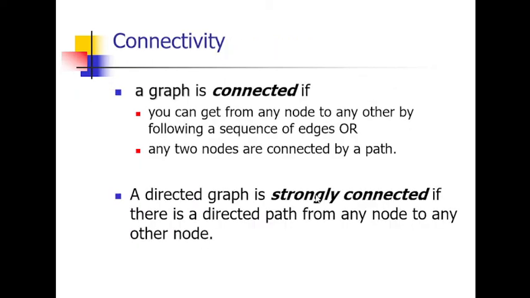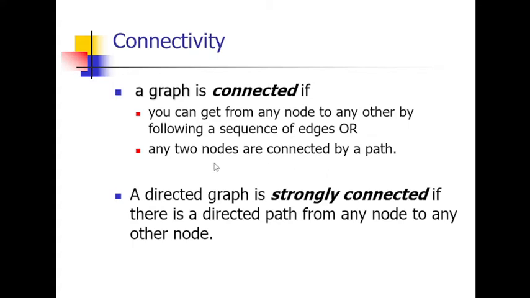What is connectivity under a graph? When I say connectivity, I mean how the graph is connected, how the nodes are connected to each other, how you can move from one node to another by following the edges.